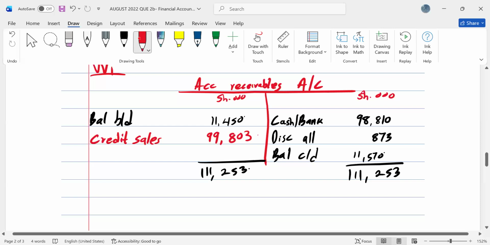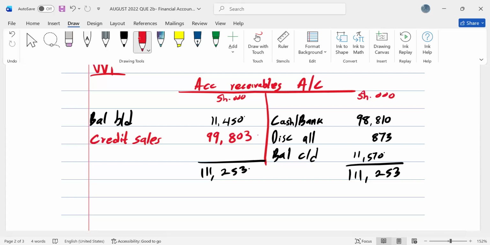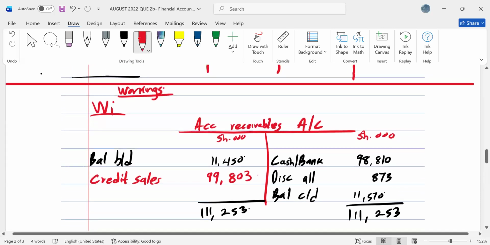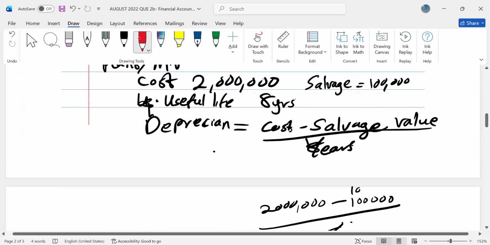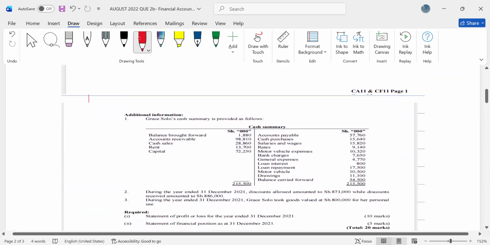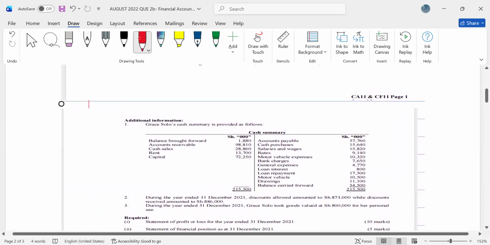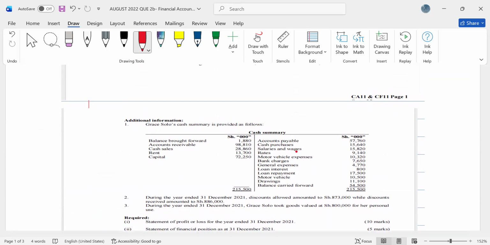Now, what about the payables? If we do workings for payables, it will help us to get any credit purchases. Did they have cash purchases? Yes. On the credit side, note number 1, item number 2 is cash purchases.